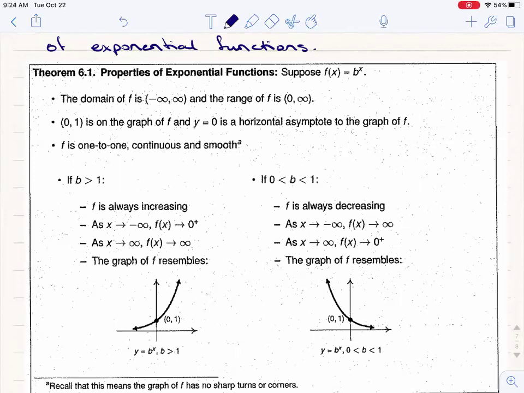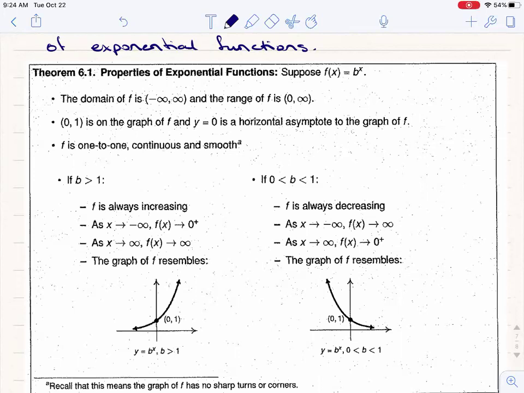If we had to do the horizontal line test to check if it's one-to-one, it would pass. We could also, if we had to, check that f of a equals f of b means that a equals b, but we don't quite have the tools there yet because the x is in the power. But as a rule, we know that as soon as we have an exponential function, it is one-to-one. So you don't actually have to check it anymore because that's a property of the exponential function.